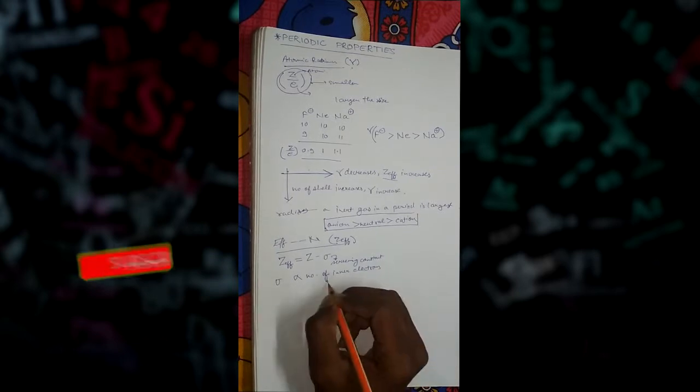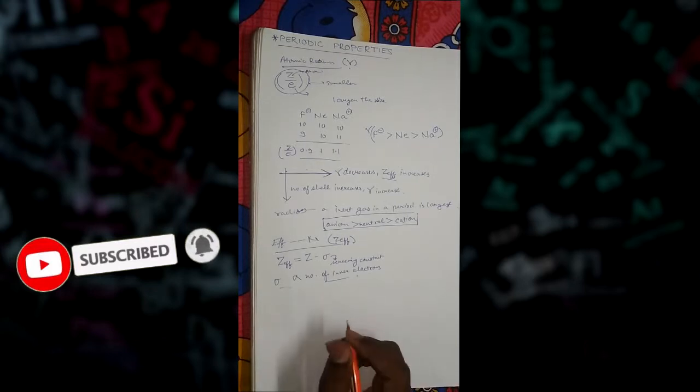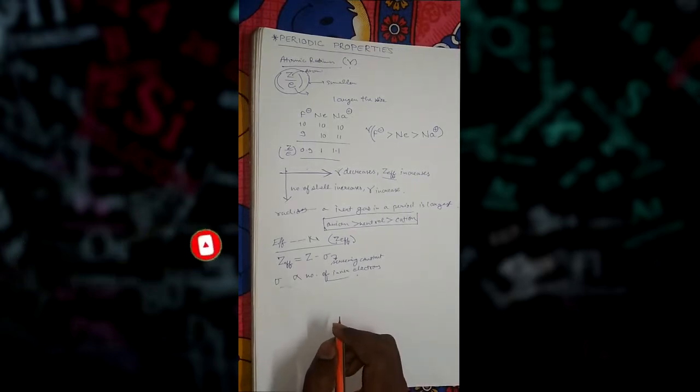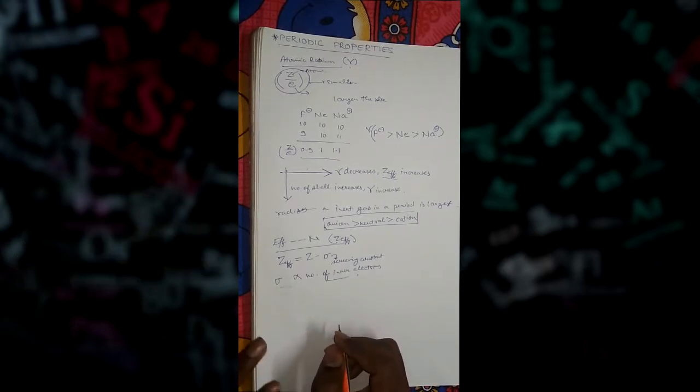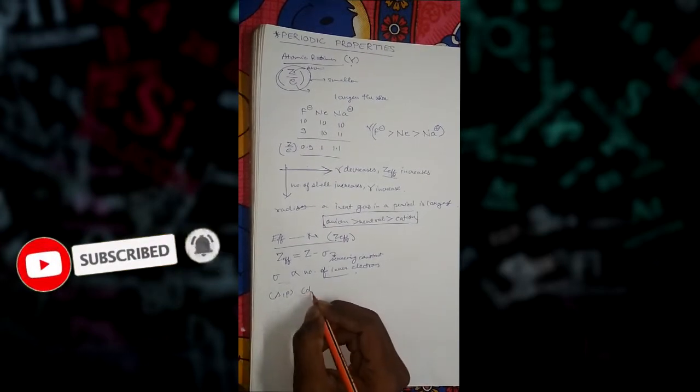And one more thing, how to calculate the screening constant? First of all, you have to divide the whole electronic configuration into two categories. One is SP and another is DF.